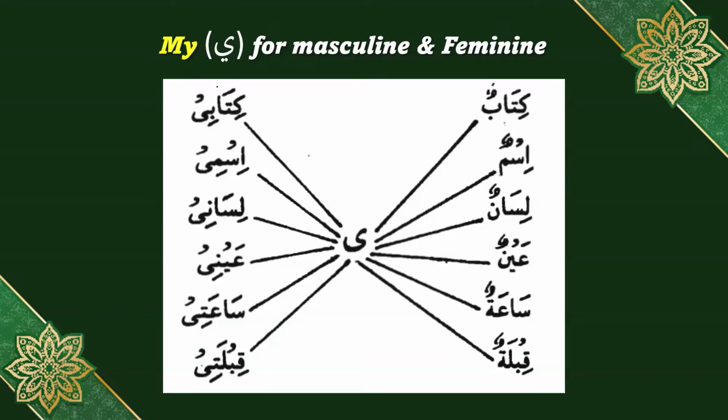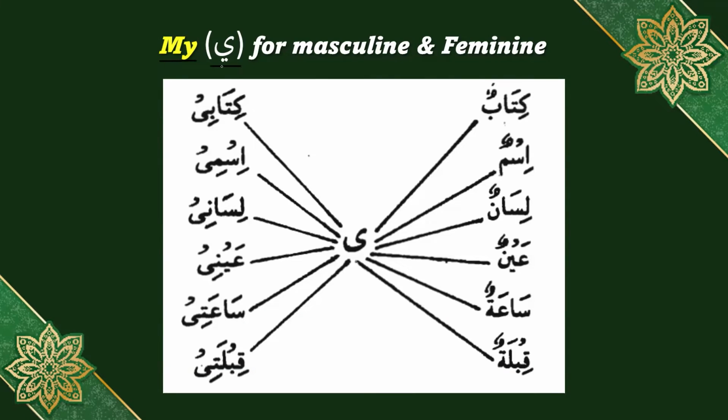Now, when we talk about ya, this is called ya al-mutakallim. That basically means the ya of the speaker, and it is used for singular, masculine, and feminine, and it means my. So I give you some nouns over here, for example, kitabun, and now you want to say my book. So you simply add ya to that, so it becomes kitabi.